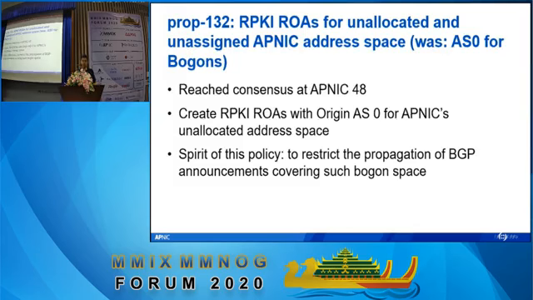The spirit of this policy is to restrict invalid announcements on the BGP table of such space, because by accident or on purpose, some people will try to announce prefixes that are still not delegated by APNIC.